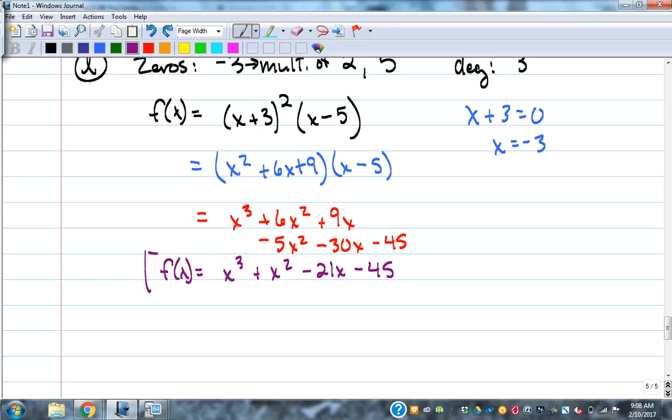Oops. Can't draw a box. And there's our standard form polynomial, the degree of 3. Make sure they don't do any imaginaries. I'm pretty sure they don't. But no, they don't.